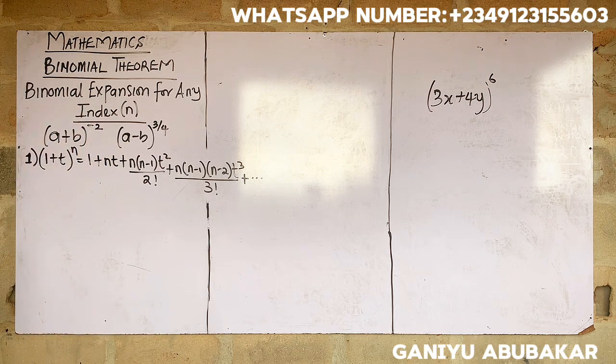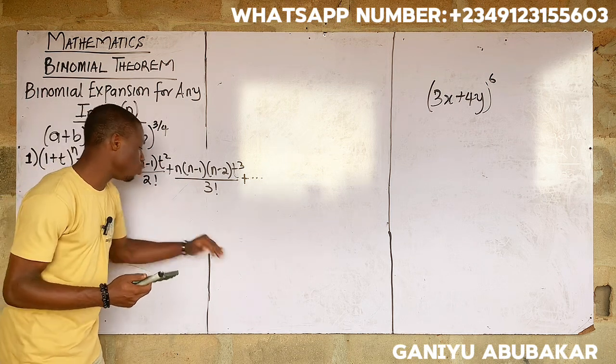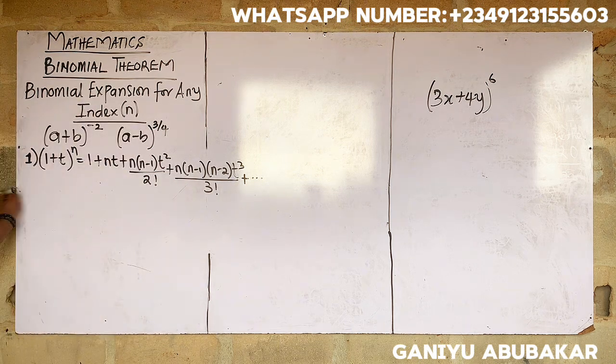So it becomes your first formula. Whenever the expression is positive, let's say for instance I'm having this question now, this is positive, I'll use this expression. But whenever the expression is negative, what do you use? I'll have the second formula.